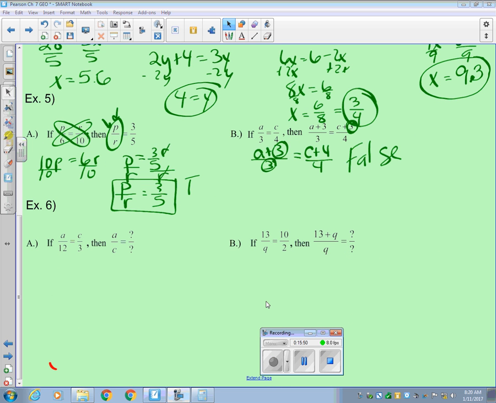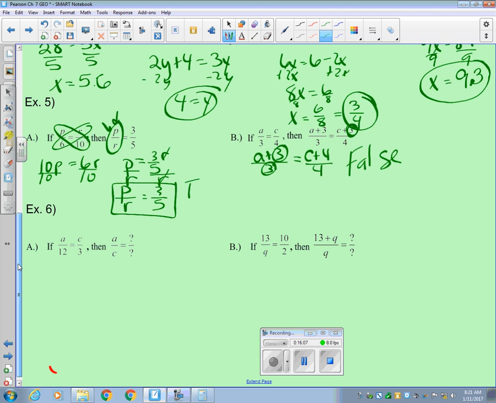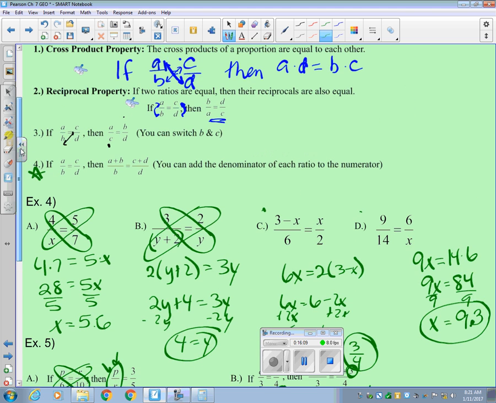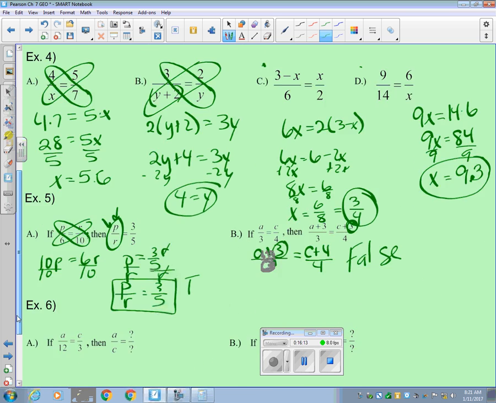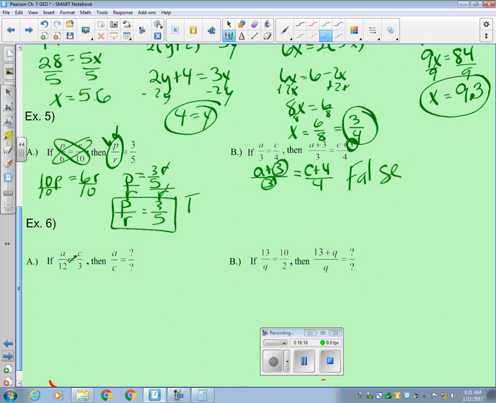All right, so let's finish this up. If I have A over 12 equals C over 3, then what does A over C equal? We're going to use the property where we can switch the B and the C. So we're going to switch these two here.